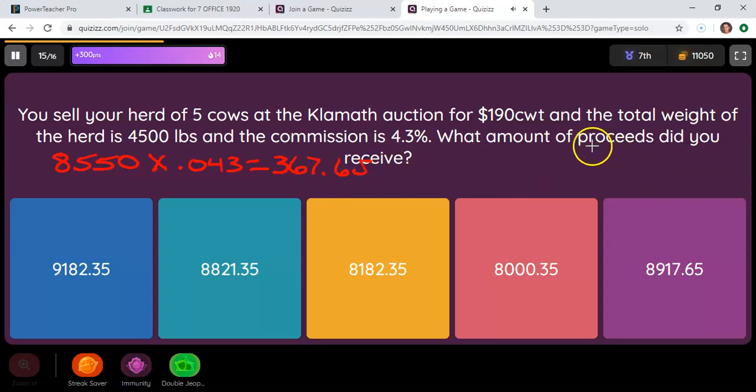So then, in order to get the proceeds, this would be the actual amount of money you receive from the auction. You're going to take the total amount of the sale and subtract the commission. This program doesn't like my pen.